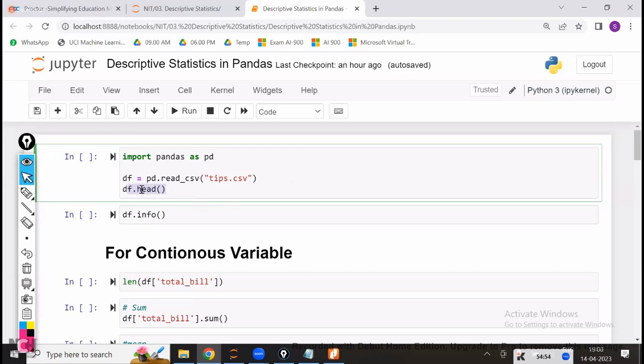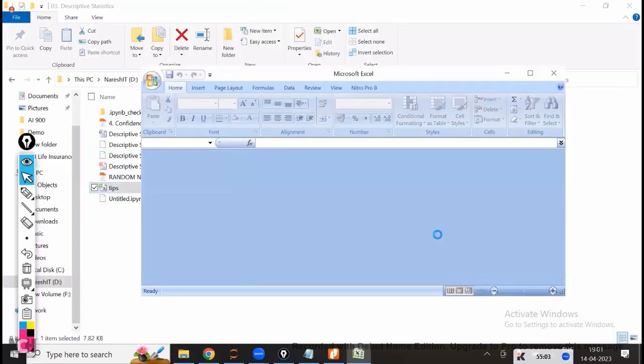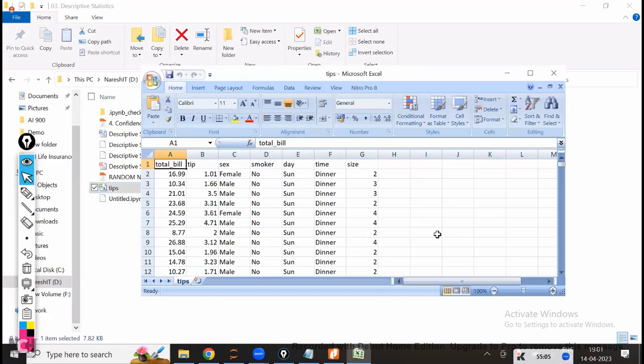And df.head. What is meant by df.head? It is going to give the first 5. Why first 5? Because in the tips data set I'm having total bill, tip, gender, smoker, day, time, size columns. Whether I'm loading a correct data set or a wrong data set, maybe I may load a wrong data set sometimes.